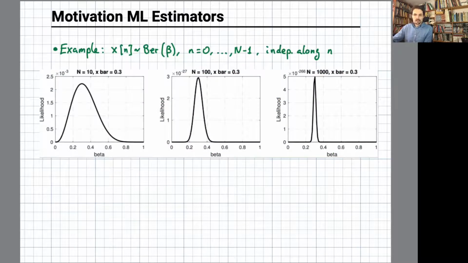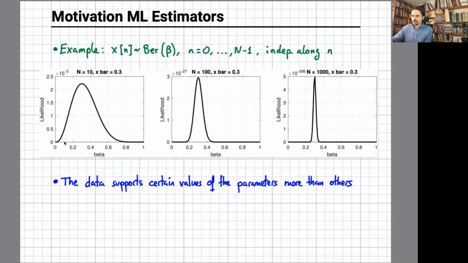And we provided a few examples, and this figure was presented to show the likelihood function of a set of independent Bernoulli random variables with the same parameter beta. So each of these figures corresponds to a different number of samples.